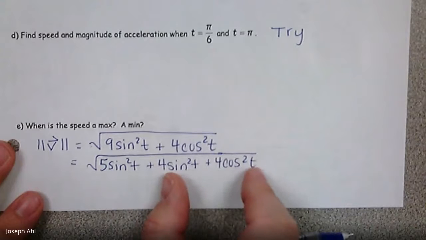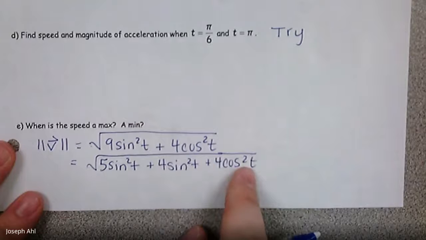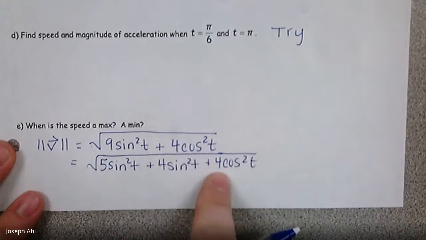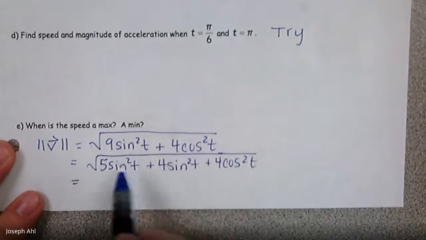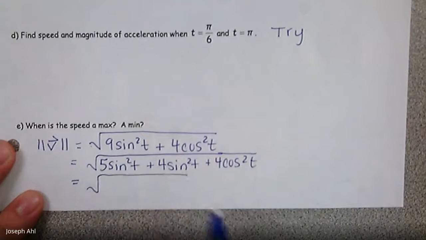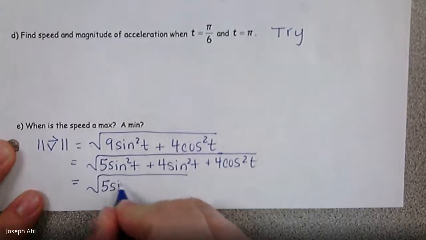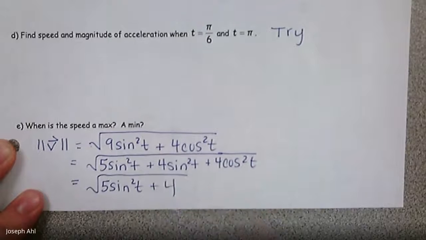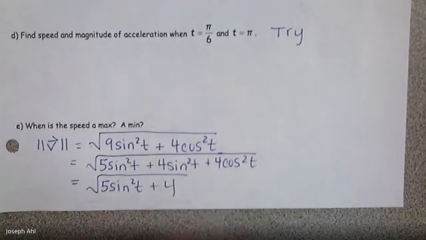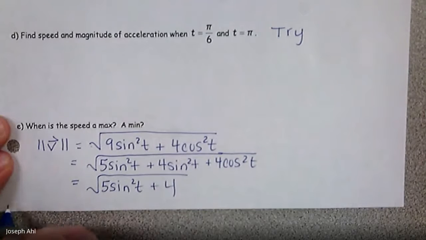I hope that makes sense because what I want to now do is combine it with the 4 cosine squared at the end. If sine squared plus cosine squared is 1, well, then this total would be just 4. So this is equivalent to what we had for the speed up here. It's saying the square root of 5 sine squared plus 4 under the radical. And having just one trig function under the radical will make our job easier in determining where this is at a max and where it's at a min.